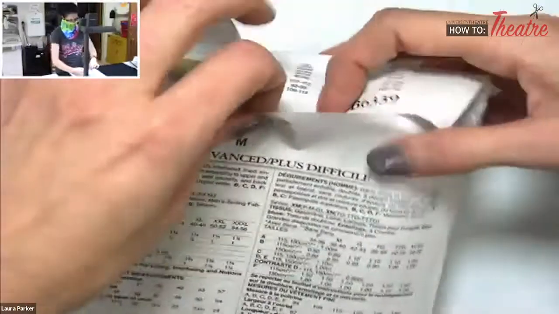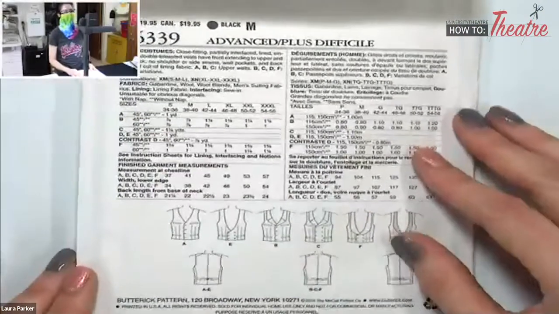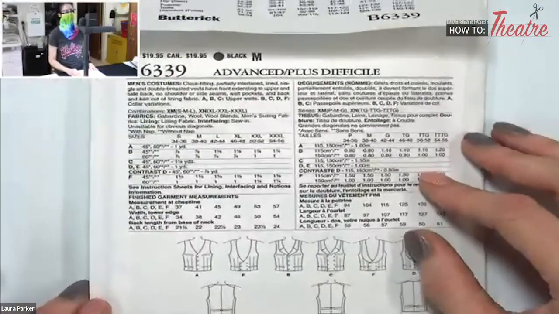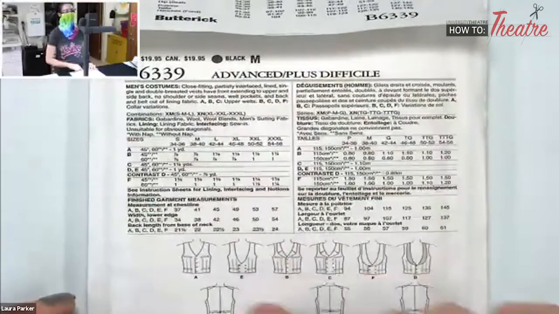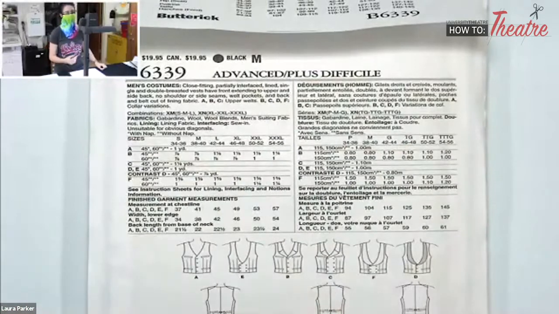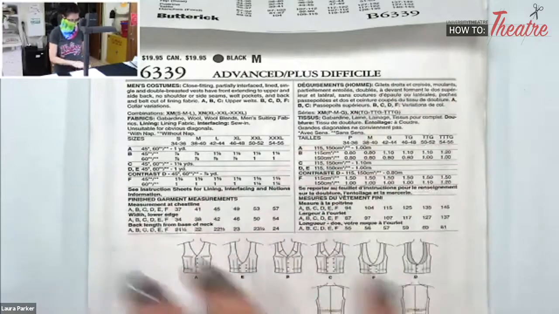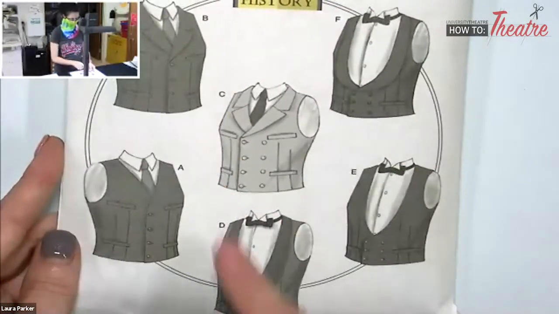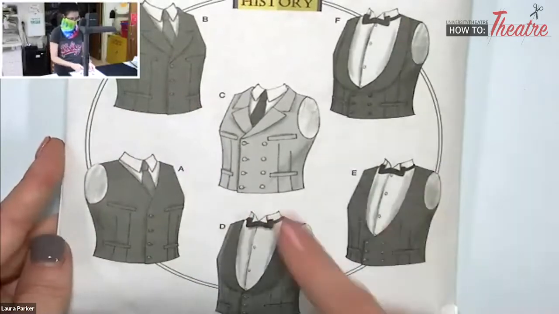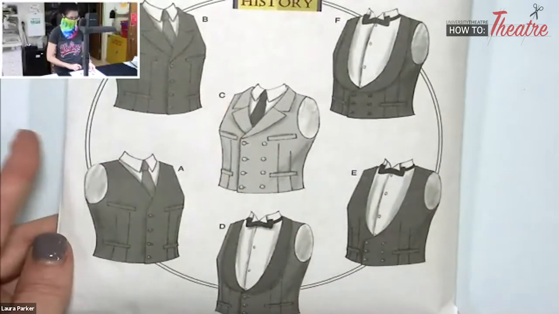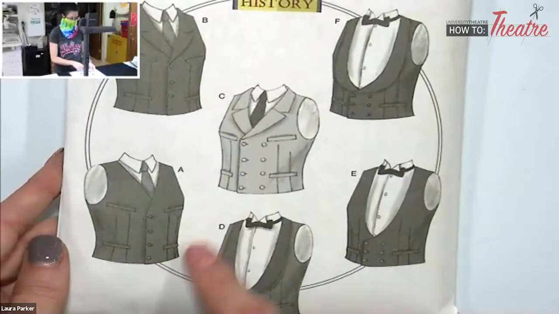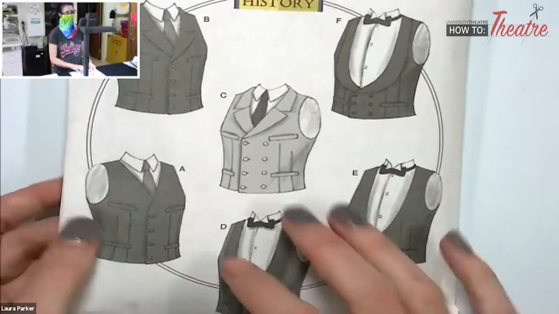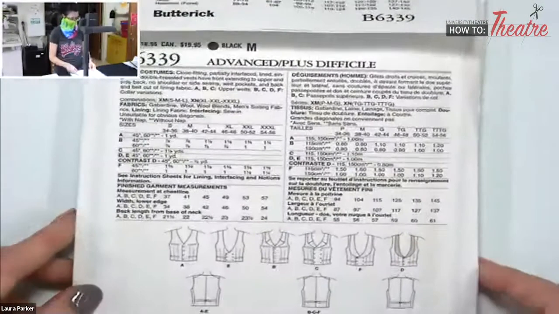The next thing we're going to look at is all this information on the back. This is going to tell us exactly what we need to purchase and what we need to have access to recreate this garment. So we can see on the front, we have 1, 2, 3, 4, 5, 6 different vest styles here. So if I wanted to make vest style A, if that's my favorite, I'm going to flip over.